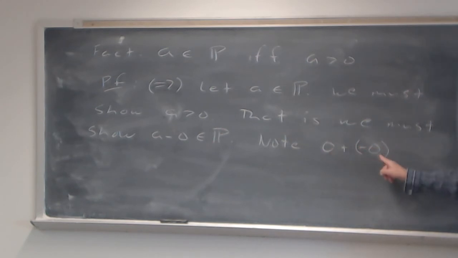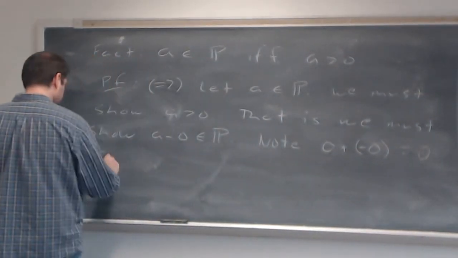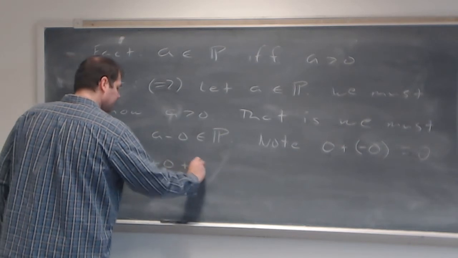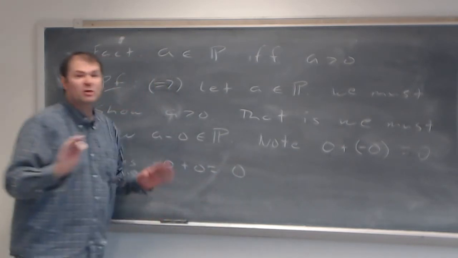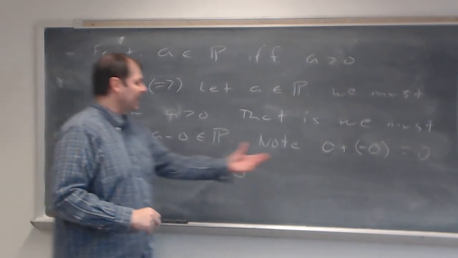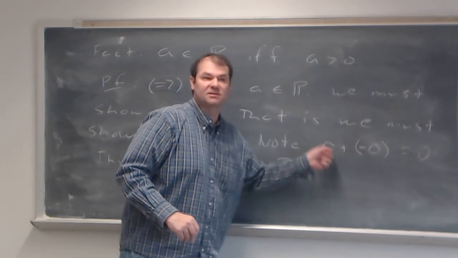So you take a number and its additive inverse, what do you get? 0. Thus, minus 0 plus 0 equals 0. So I'm going real slow. What am I saying here? I'm saying I can commute this left-hand side. 0 plus minus 0 is the same thing as minus 0 plus 0.